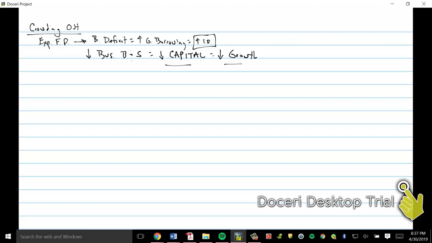That's important for us to know. Less capital, less growth. When we have high interest rates, that will always slow down our long-run growth because we aren't going to be spending as much money on new capital equipment. And again, long-run growth happens when we have more land, labor, capital. So if we have less capital, that's going to slow the growth down in our economy.